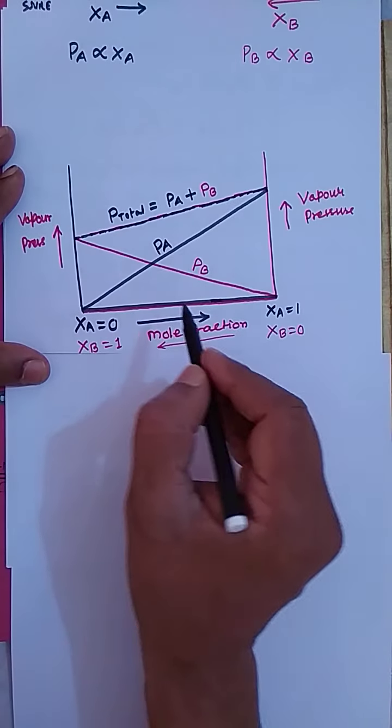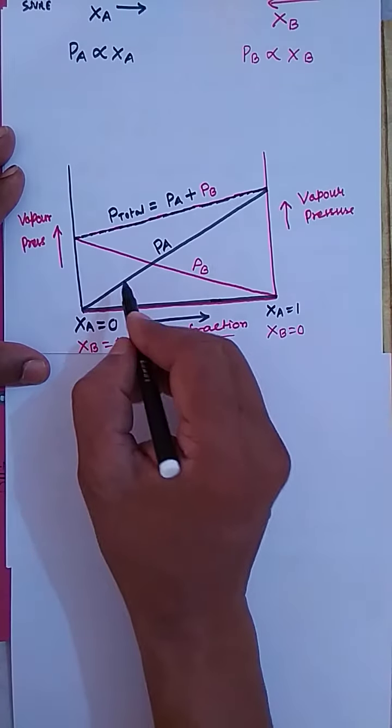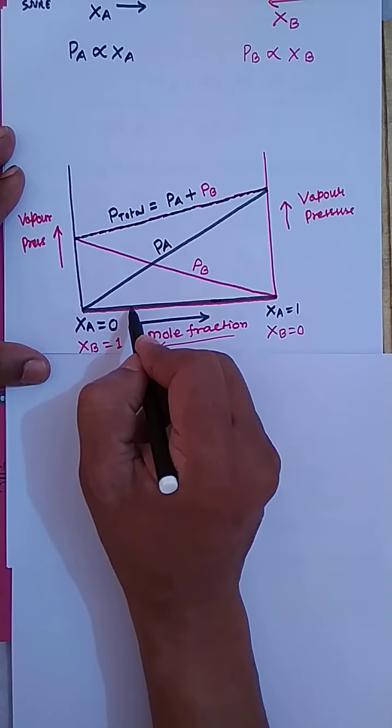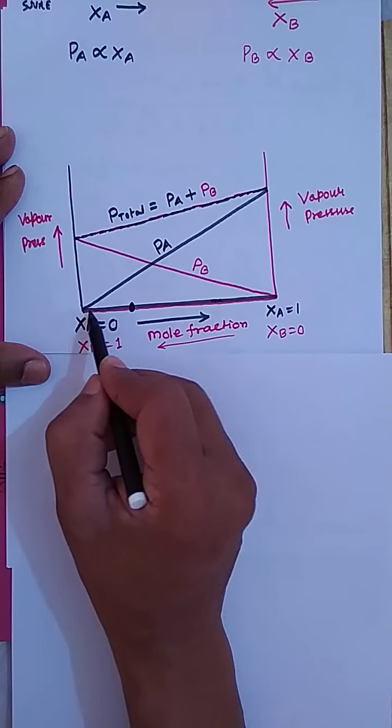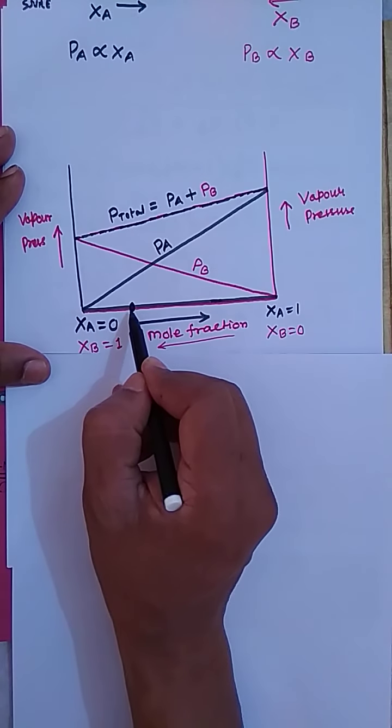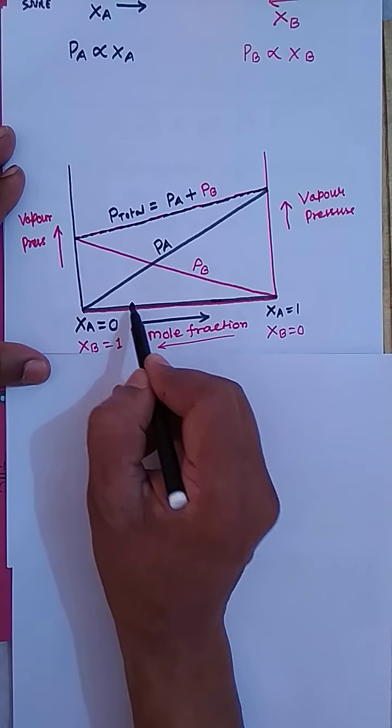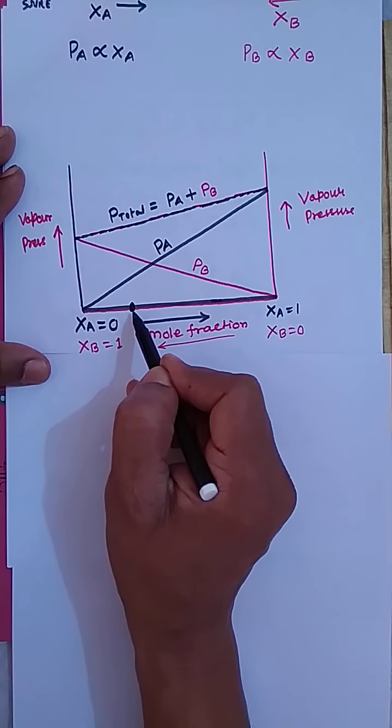Now we see here, at any point you observe, the concentration of component A is there and B is also there.